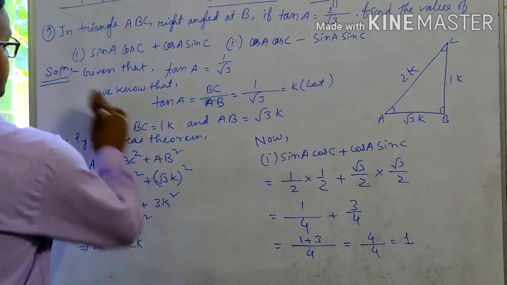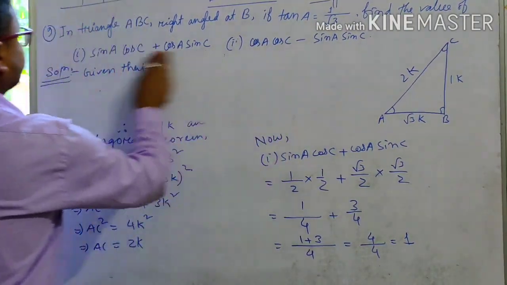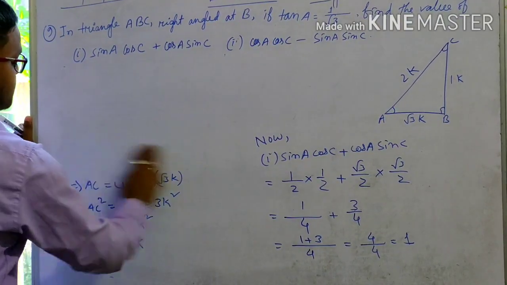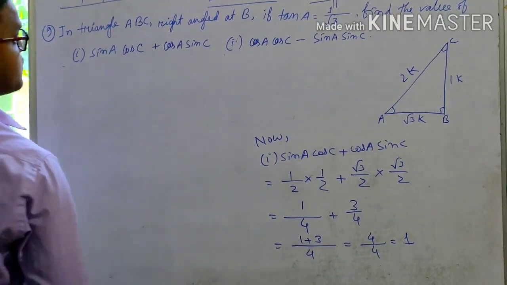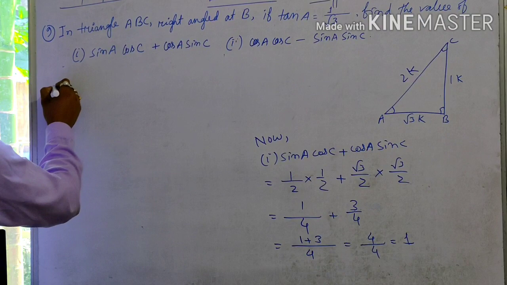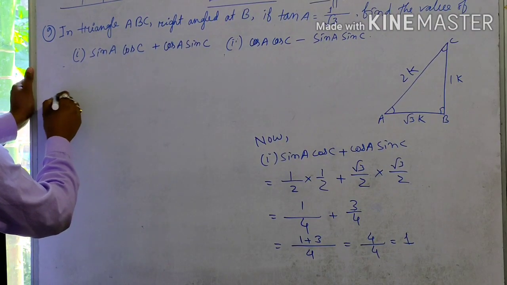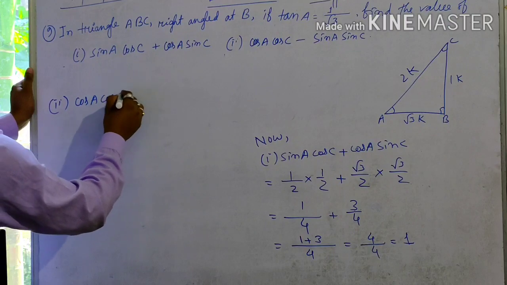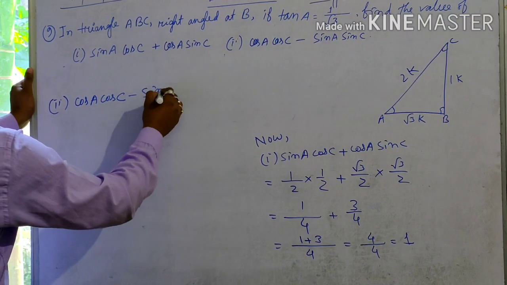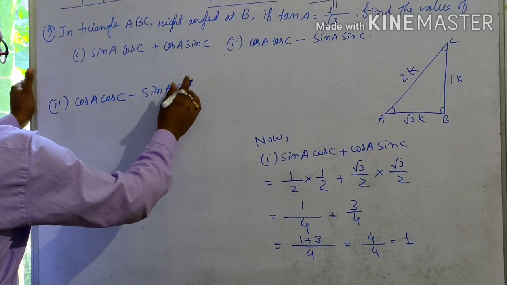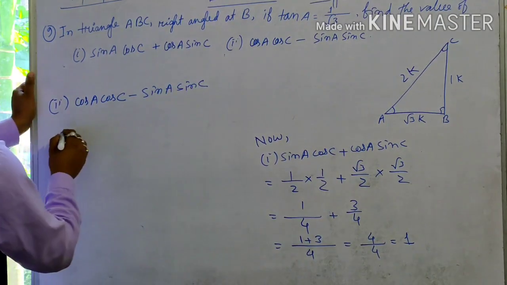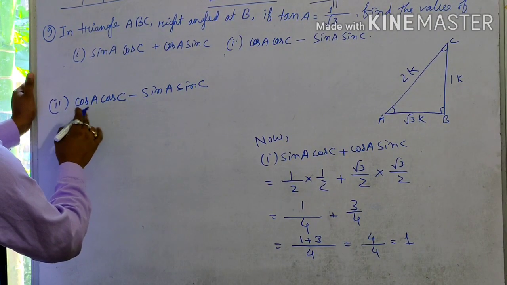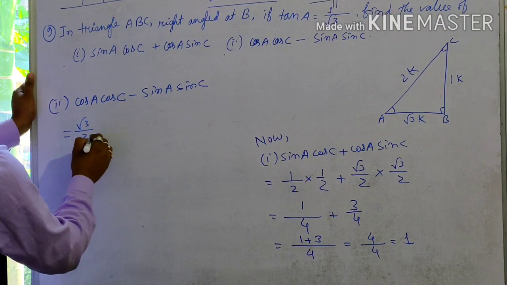Okay, so next, question number 2. Question number 2 is given: cos A cos C minus sin A sin C. What is the value of cos A? Cos A is root 3 by 2.